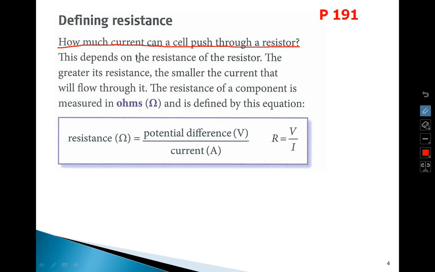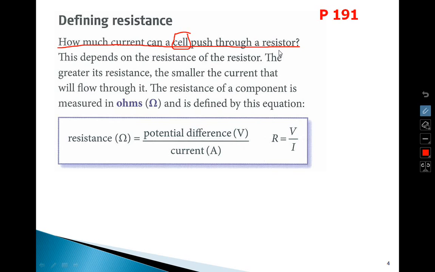Since we have a cell or power supply or any source of voltage, this source of voltage is going to push current through a resistor. So how much current can the cell or source of voltage push through R? Actually, this depends on the resistance, the value of the resistor.